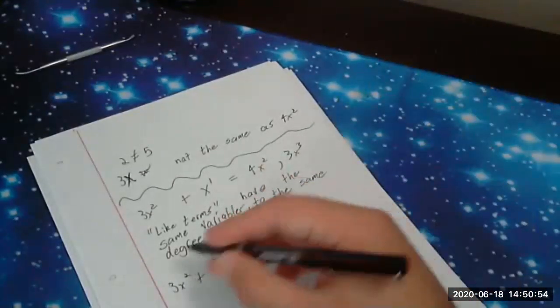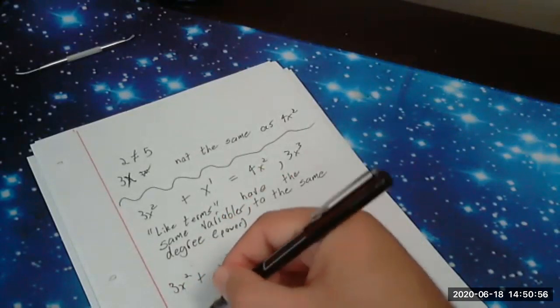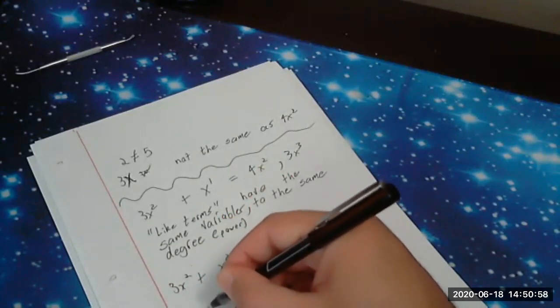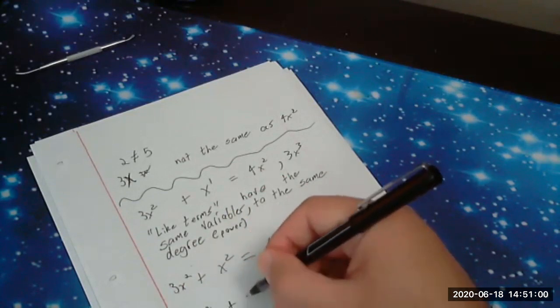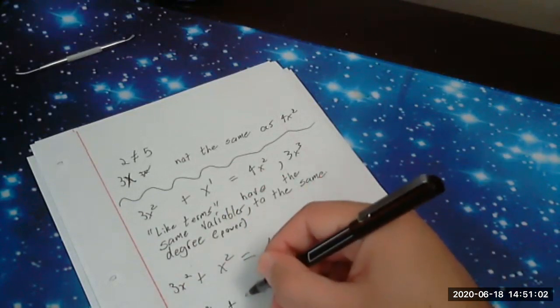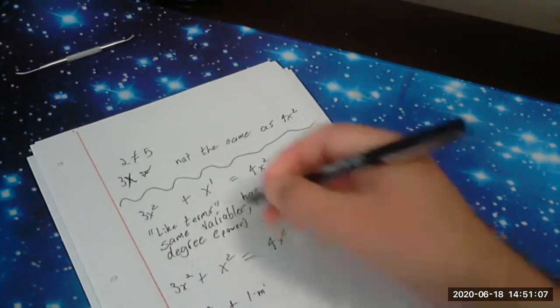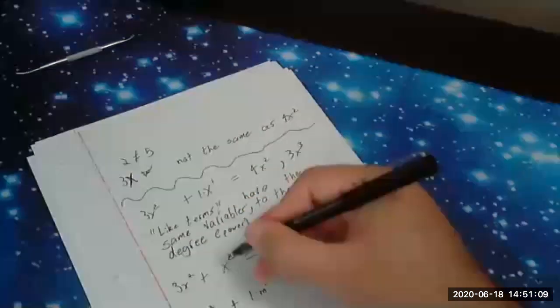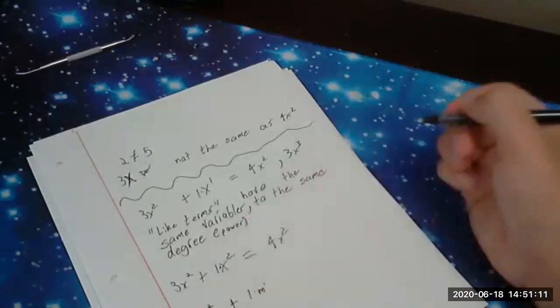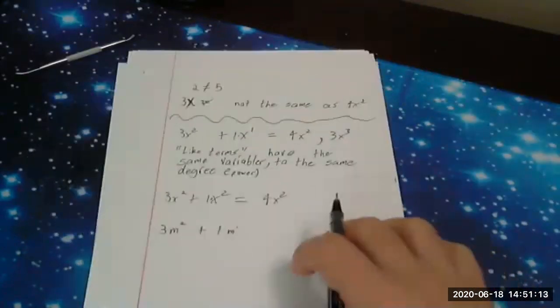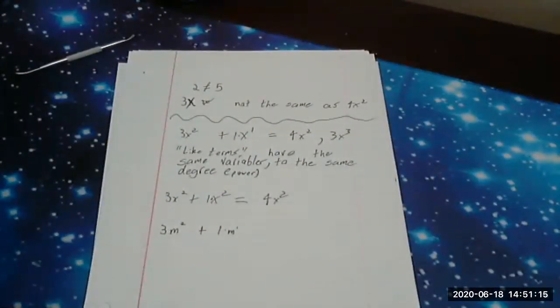Taking this, for example, 3 meters squared plus 1 meter to the first. So we'll go ahead and put a 1 up here. You mind moving your paper up just a little bit? Thank you, sir.